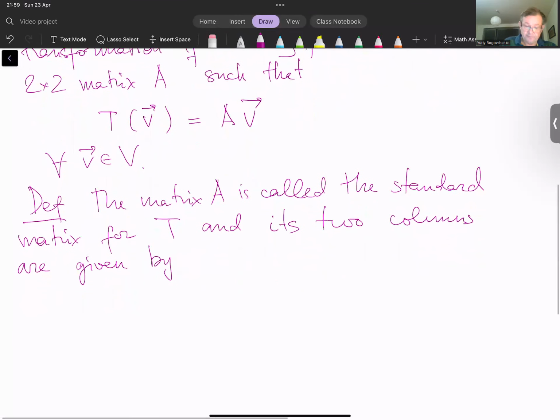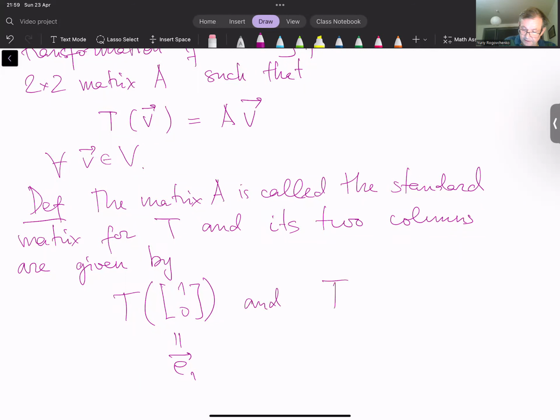We define the first column as an action of T onto the vector (1, 0), and this is the basis vector in R2. And the second column is obtained if vector (0, 1) is taken, which is the second basis vector in R2, and we apply T to that vector.